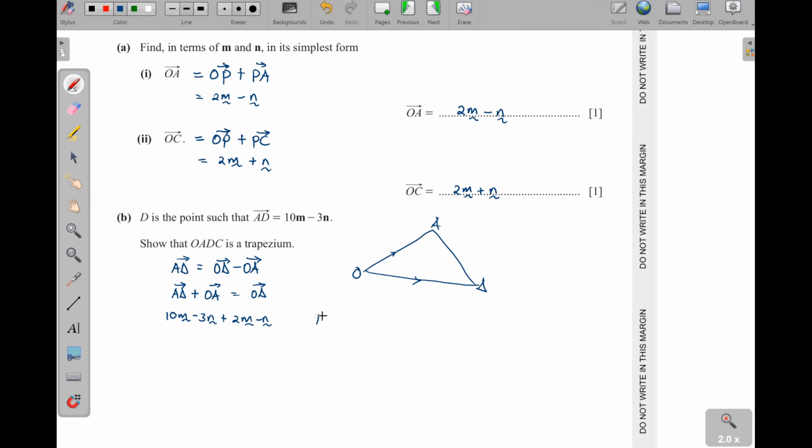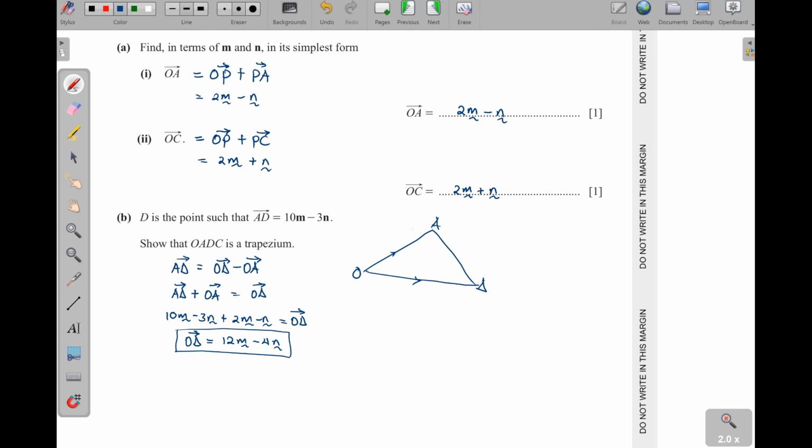So our OD is going to be equal to 10 plus 2, that will be 12m, and then minus 3 minus 1, that will be minus 4n. I keep that there. That is OD.